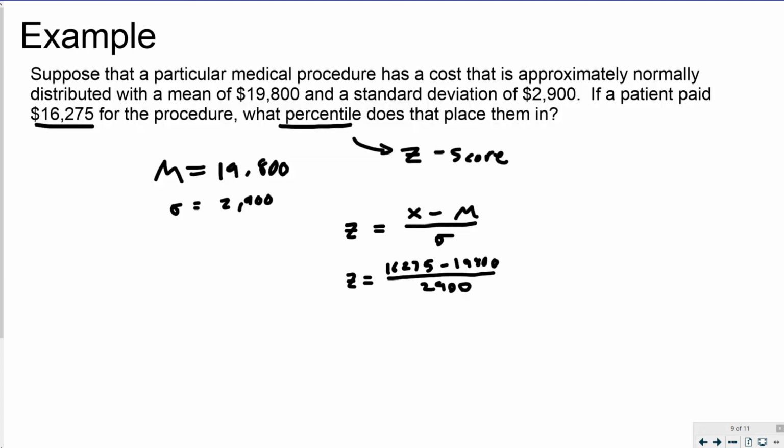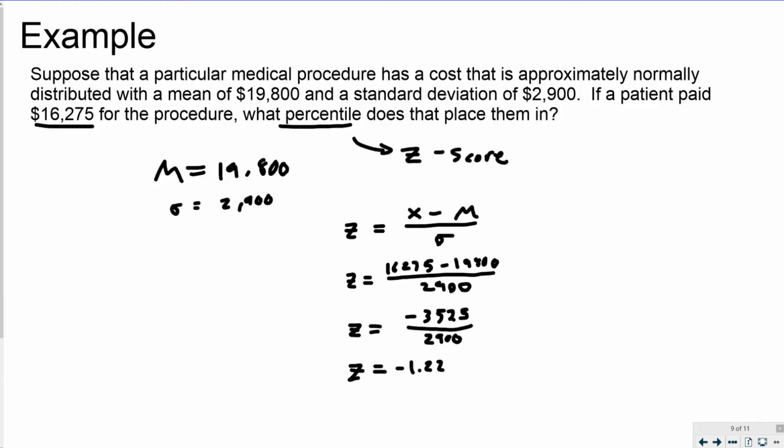I'm going to do the top first: 16,275 take away the 19,800 is negative 3,525, which when divided by my standard deviation gives me a Z-score of negative 1.22, and you want to round it to 2 decimal places.